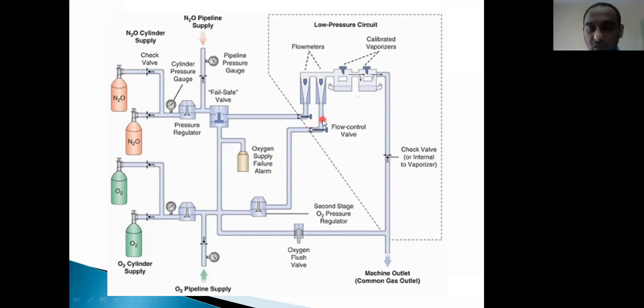From the flow control valve, the oxygen travels to the flow meter. From the flow meter, along with the nitrous or other gases, this gas flows through the calibrated vaporizers, and then ultimately through the exit check valve we go to the machine outlet, circuit, and patient.